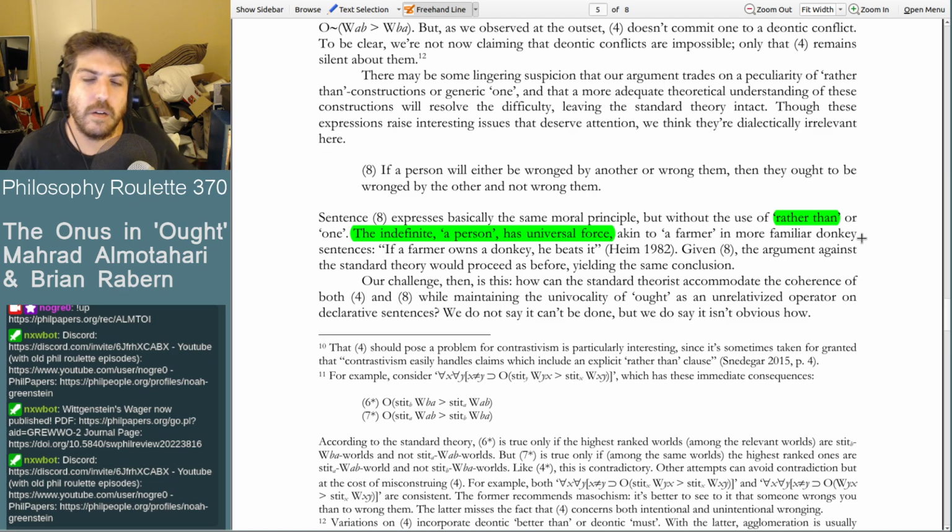Obligation, wrong X, Y, and then X. Yeah, so as soon as you have more than two people, well, more than one person, then for each person they should be wronging each other. The problem is that none of them necessarily will ever wrong each other.